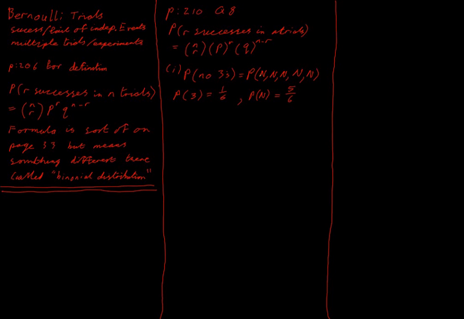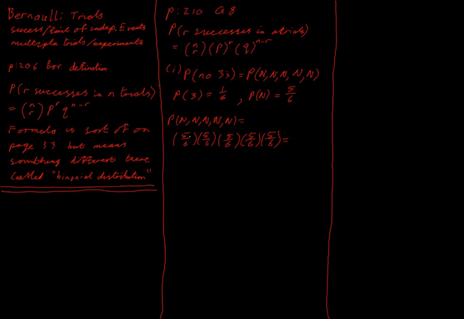And how do we get the probability of not a 3, 5 times? Well, it's going to be the probability of n, n, n, n, and n, which would be 5 out of 6 by 5 out of 6, and so on. We want no 3 and no 3 and no 3 and no 3 and no 3: 1, 2, 3, 4, 5.